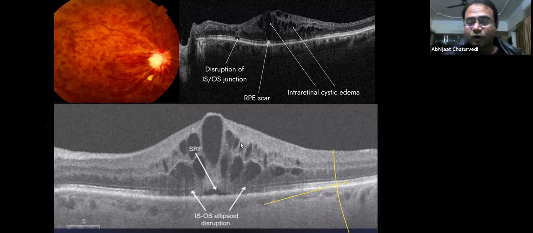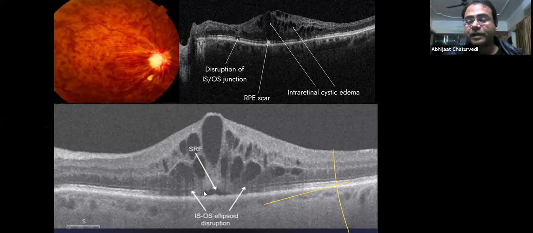Similarly, if you see the picture below, you can see a similar finding. These are the OCTs of two different patients. There's a lot of IRF and SRF, intraretinal and subretinal fluid. And again, you see this is the external limiting membrane, the ellipsoid zone, the RPE. The ellipsoid zone is patent till here, but after that it disappears.